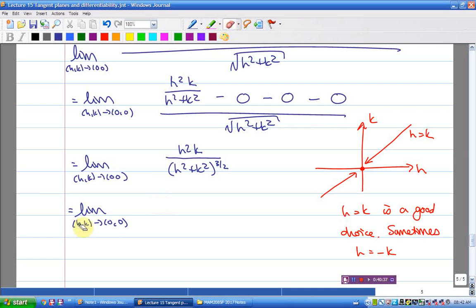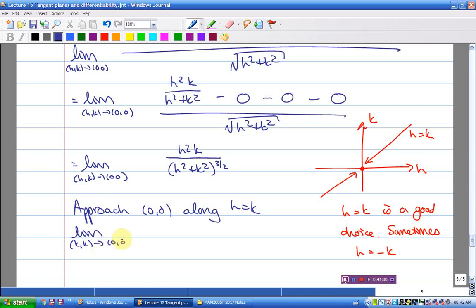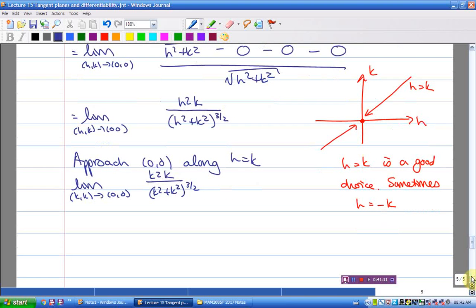So let's have a look. Oh, hold on. Let me slow down. I'm rushing, and so I'm skipping steps. Approach 0, 0 along h equals k, k tends to 0, 0. k squared k over k squared plus k squared to the 3 over 2, equals the limit.